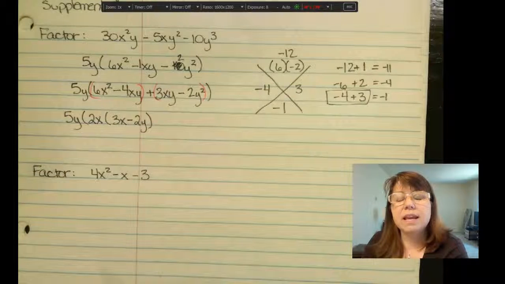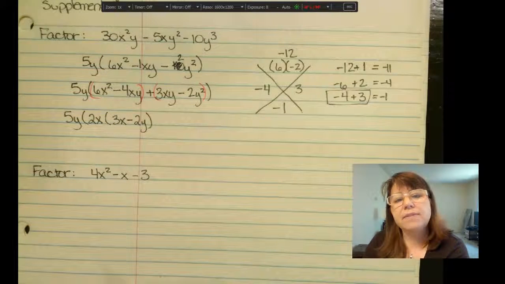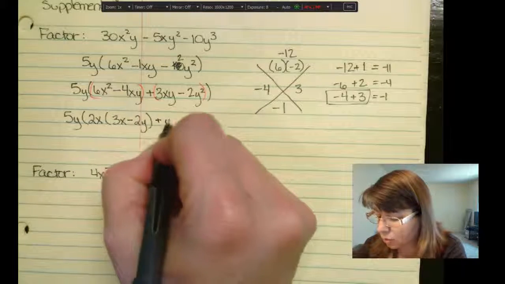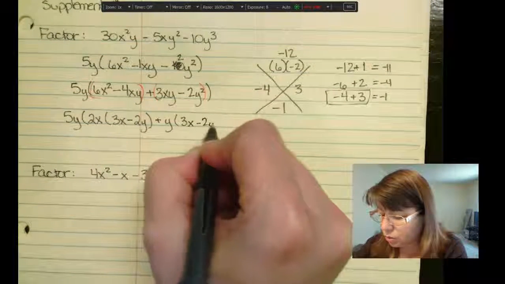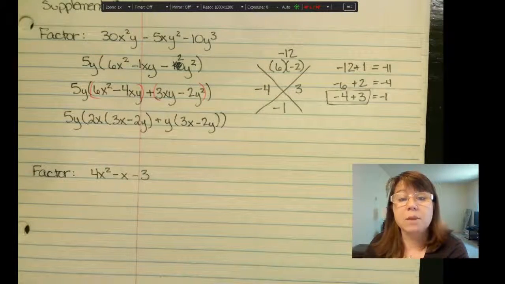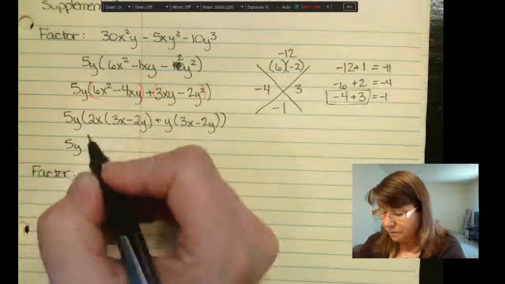And then in the second couple, it looks like I can definitely pull out a y. Anything else? No, it looks like that's it. A positive y can come out, leaving me 3x minus 2y. Aha! Now they both have something in common, a GCF, so I can pull that out.